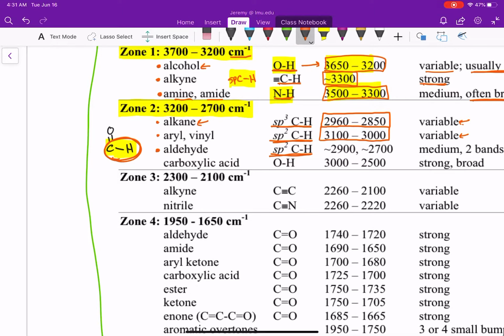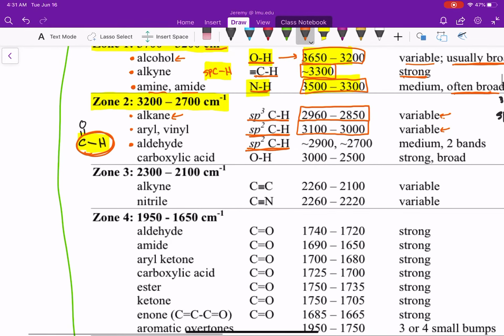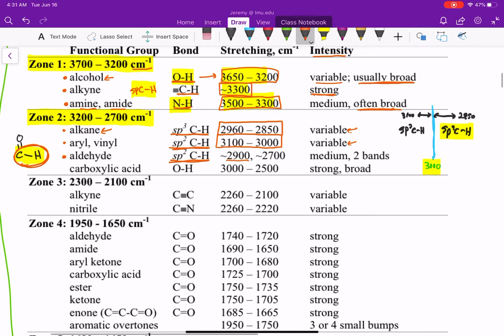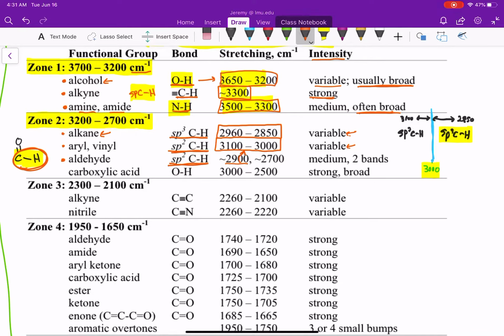That bond will have two peaks, one at 2,900, but that peak is generally going to be hidden in our sp3 C-H's. The 2,900 peak is a little hard to see, but what isn't hard to see is the peak at 2,700, because nothing else absorbs at 2,700. So if you see a peak at 2,700, that's telling you that you have an aldehyde functional group.